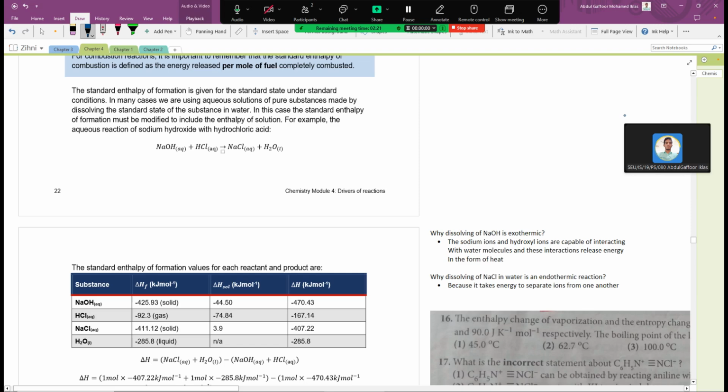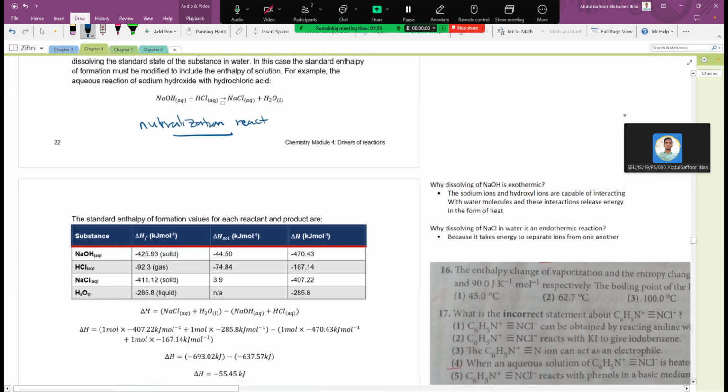So this is like a neutralization reaction where we react an acid and base, right? So this is called a neutralization reaction, right? So during a neutralization reaction also energy will be released, so that will be an exothermic reaction, right?